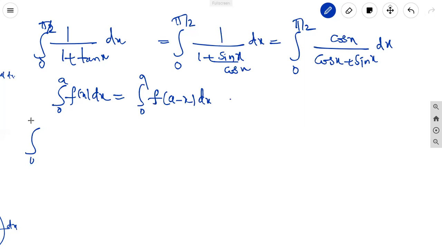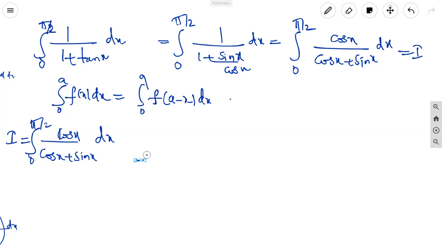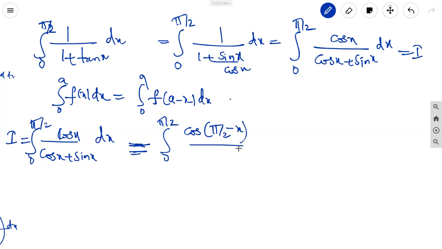Okay, now we can write 0 to pi by 2. I is equal to integral 0 to pi by 2 cos x by cos x plus sin x dx. This is equal to, let it be I, equal to integral 0 to pi by 2 cos of pi by 2 minus x by cos of pi by 2 minus x plus sin of pi by 2 minus x dx.